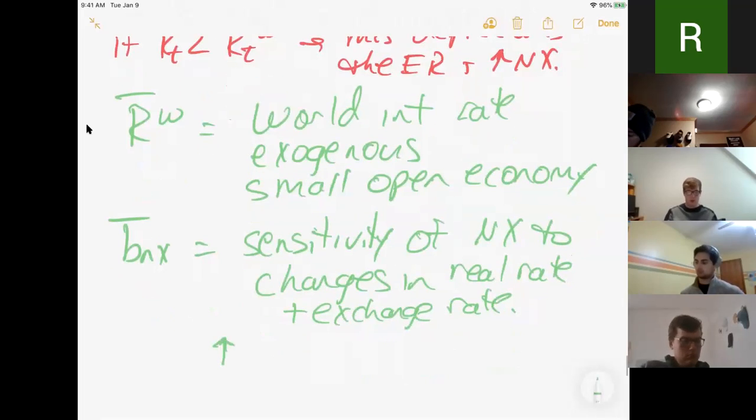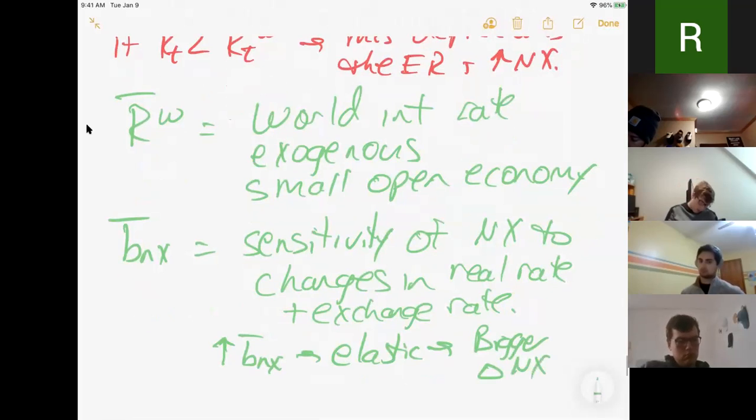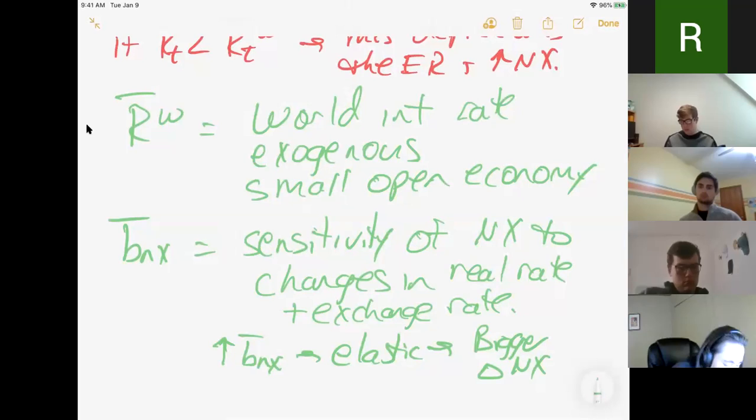An increase in this means it's elastic and you get a bigger change in net exports. Okay, everybody with me so far?